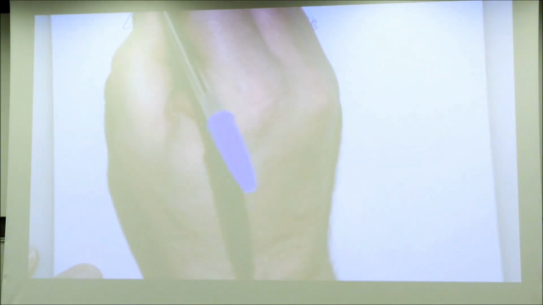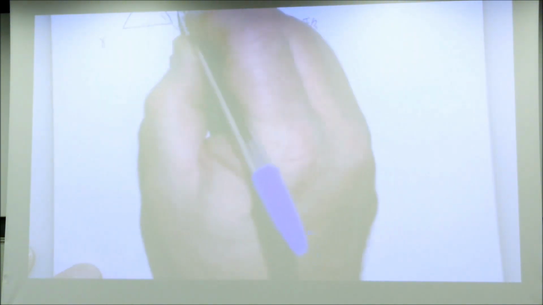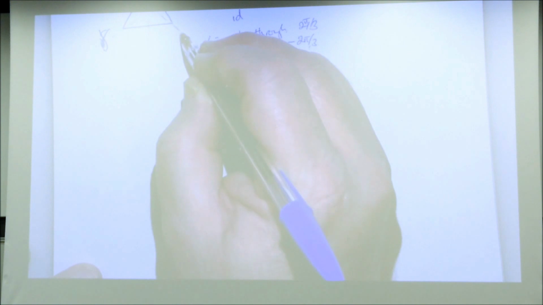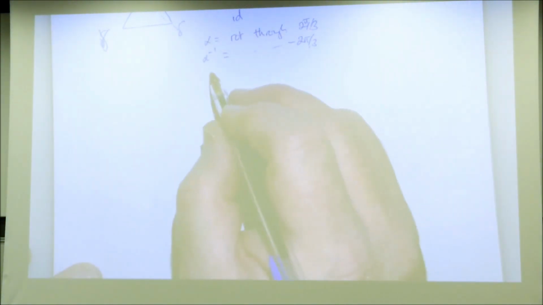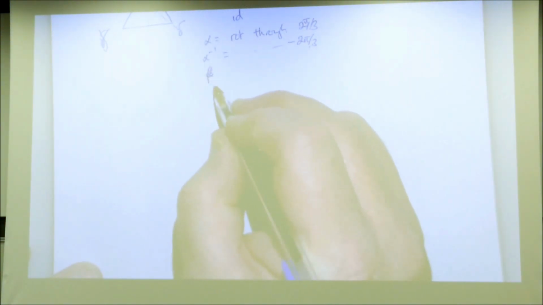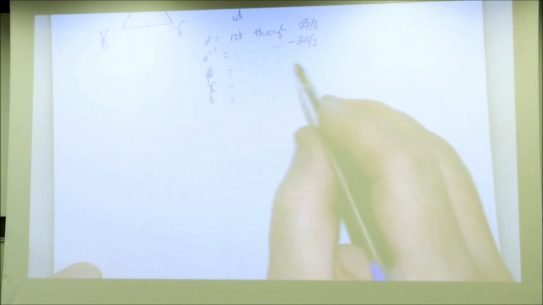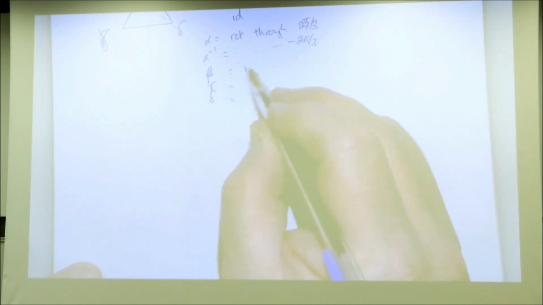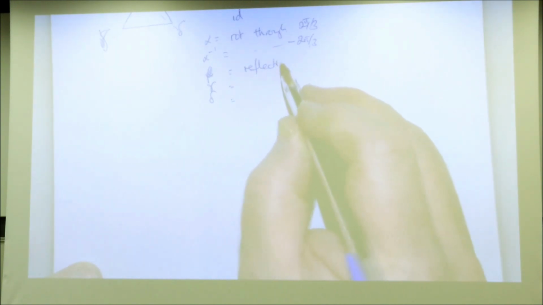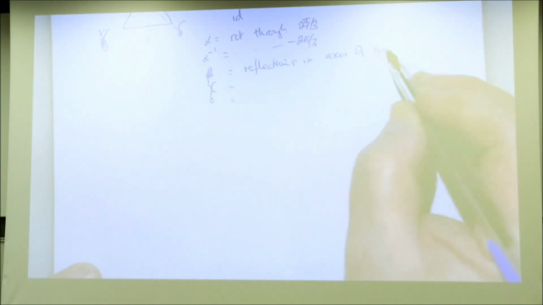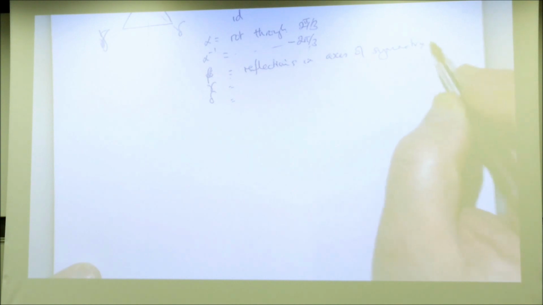So let's call these beta, gamma, delta. And these are reflections in the axes of symmetry shown.